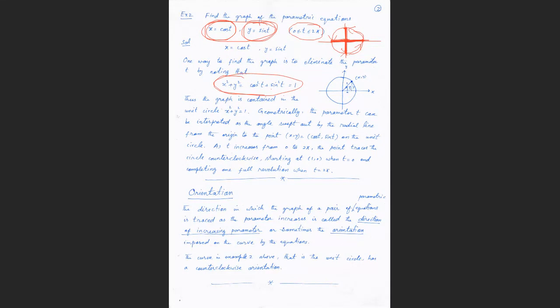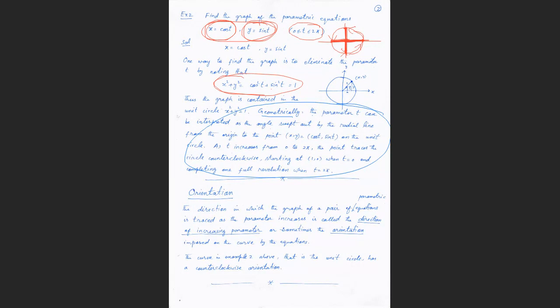These graphs we get from parametric equations. So this is the circle, and you can write this in English in your own words. I will read it again. Geometrically the parameter t can be interpreted as the angle, because we are talking about sine and cosine.